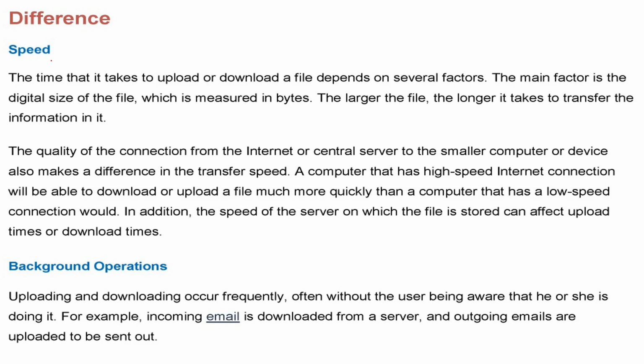What is the difference? First is the speed. The time it takes to upload and download depends on several factors, and the size of the file, of course, is measured in bytes. So Mbps, as you saw, is megabytes per second. The larger the file, the longer it will take to upload and download. The quality of connection is also important.